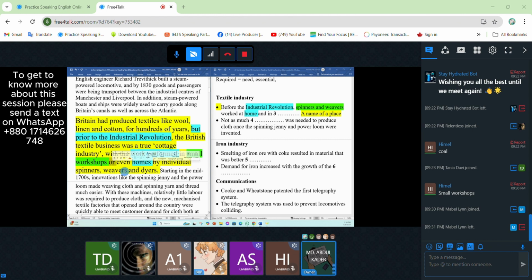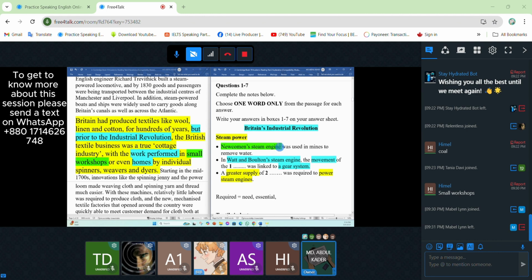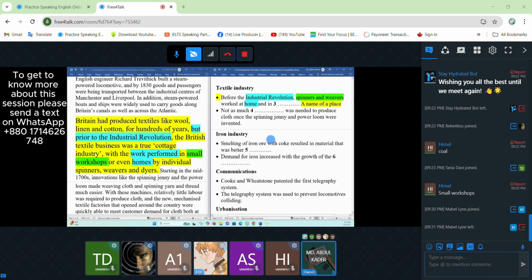Or is our conjunction here, so we should consider the conjunction. What is the correct answer, small workshops or only workshops? The correct answer is one word only. As we can take only one word, the correct answer is workshops, not small workshops.